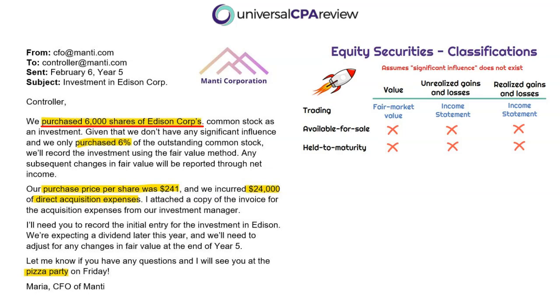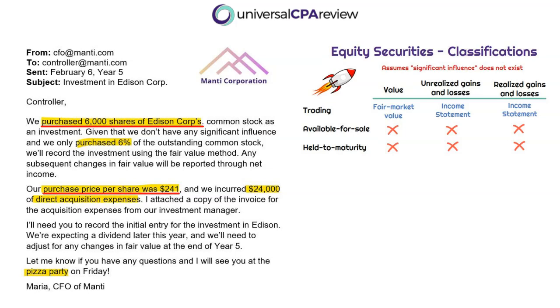So if we buy a security, as we did at the beginning of February, and we're still holding it at the end of year 5, we need to account for any changes in fair value, and those unrealized gains or losses go through the income statement. That should be fairly straightforward. We learned that in the lecture.